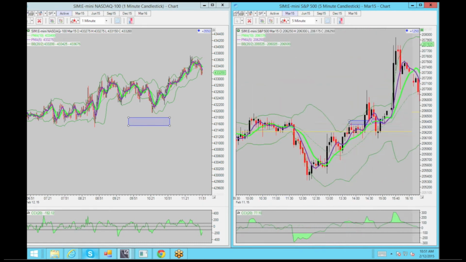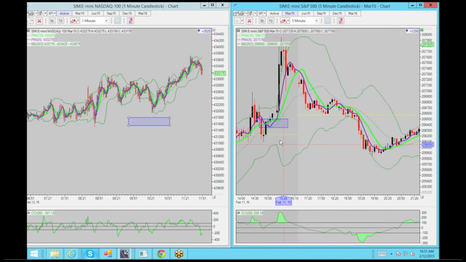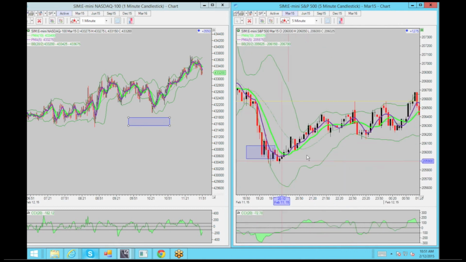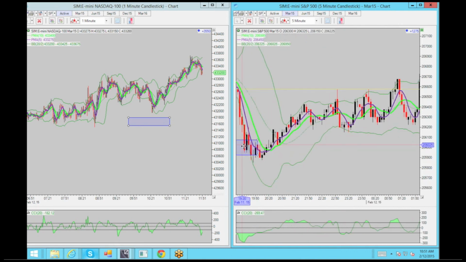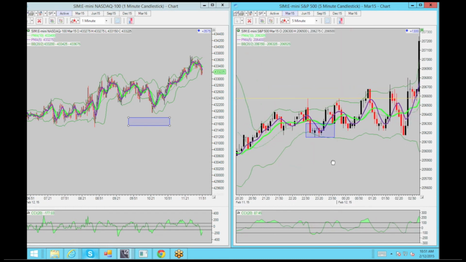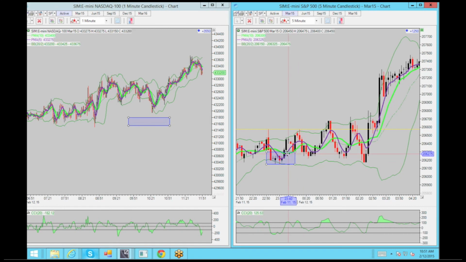And to be honest with you, I wouldn't have taken this one. That's what you were saying earlier, just because it was trading in the upper. But here, let me see if I can find a good long. And again, on the 1 minute chart, they're a little bit sporadic, but right through here would have been a good long. Any of these down here would have been a good long.